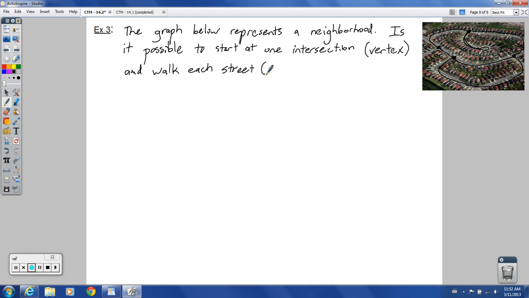The street would be an edge connecting the vertices, connecting the intersections, exactly once, and return to the intersection you started at.